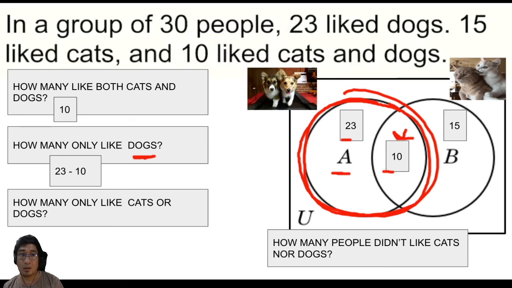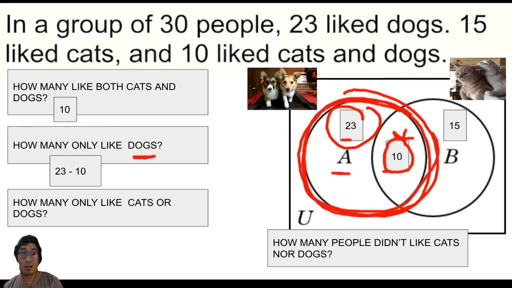Okay, hindi natin pwedeng kunin ito lang, kasi nga may 10 tayo nakasama dito sa loob ng circle na A. Now, to do that, we have to subtract 23 and 10 to know the difference. How many only like dogs? Now, be careful with this one, only like dogs. Now, pag sinabing only like dogs, may tatanggalin tayo ito.